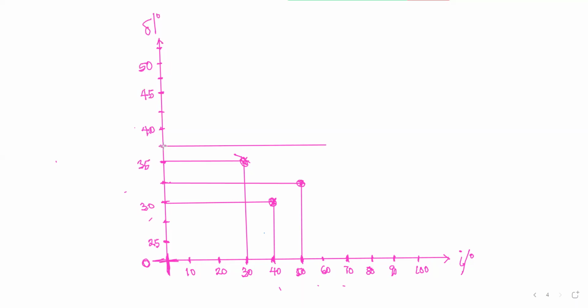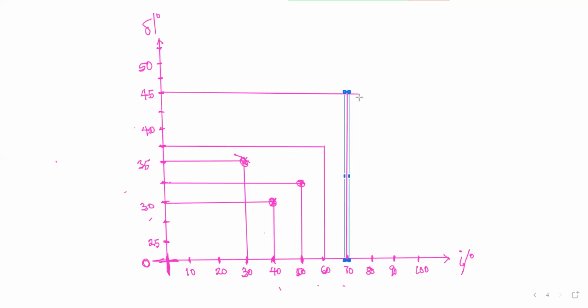Angle of incidence 60. When deviation is 45, angle of incidence 70.